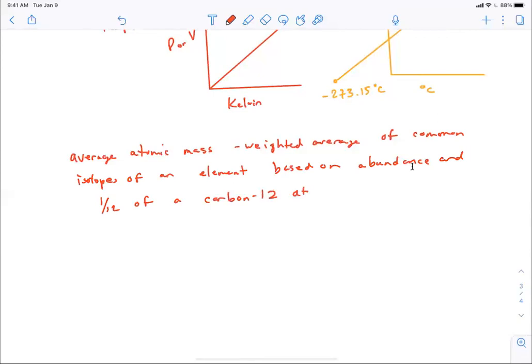A carbon-12 atom has 6 protons, 6 neutrons, so there are 12 particles in there that are significant of mass. And so they said 1/12 of a carbon atom is 1 atomic mass unit. This is 1 AMU.